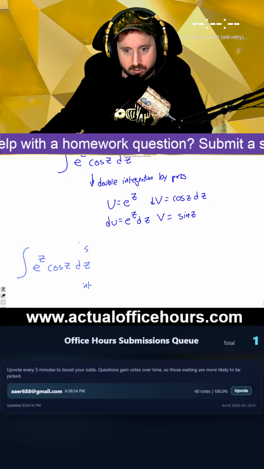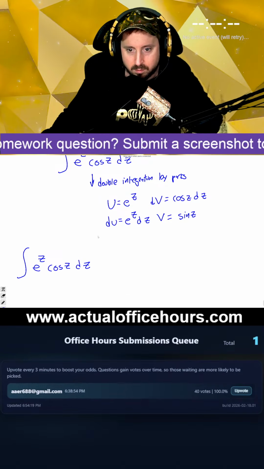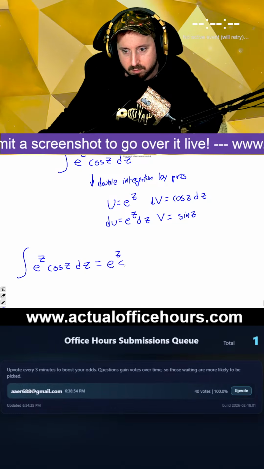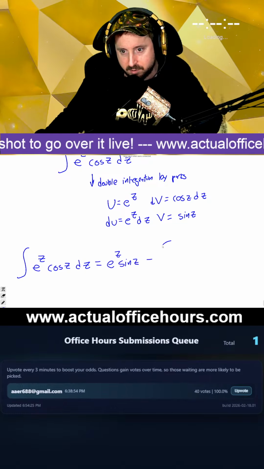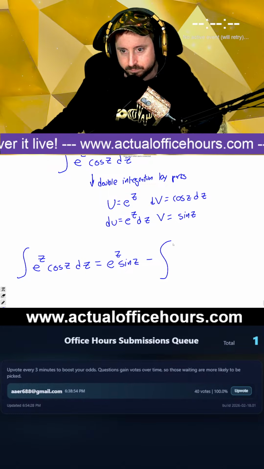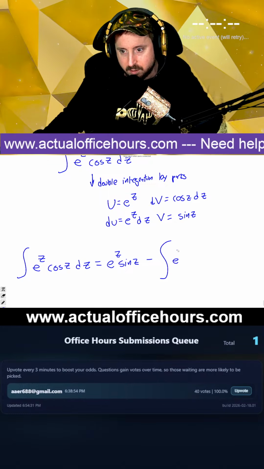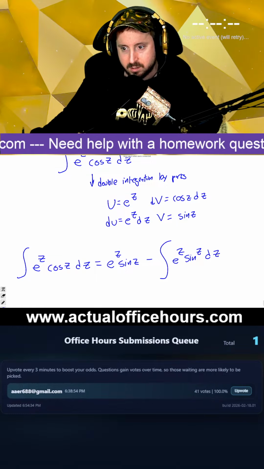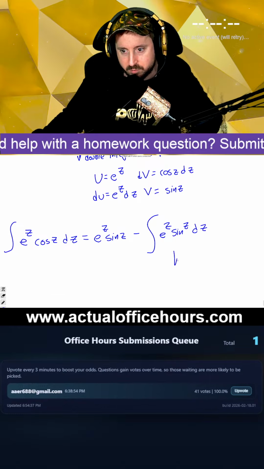So you get all of this is equal to uv. So that's e to the z sine z minus the integral of v du. So minus e to the z sine z dz. Do another integration by parts.